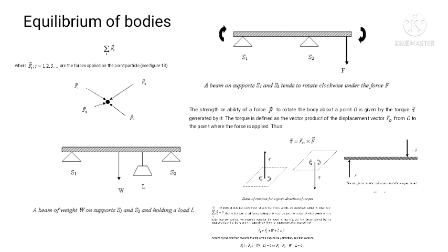Thus torque is r0 cross F. This is also known as the moment of the force. Thus in the figure above, the torque about S2 will be given as the distance from the support times the force, and its direction will be into the plane of the paper.